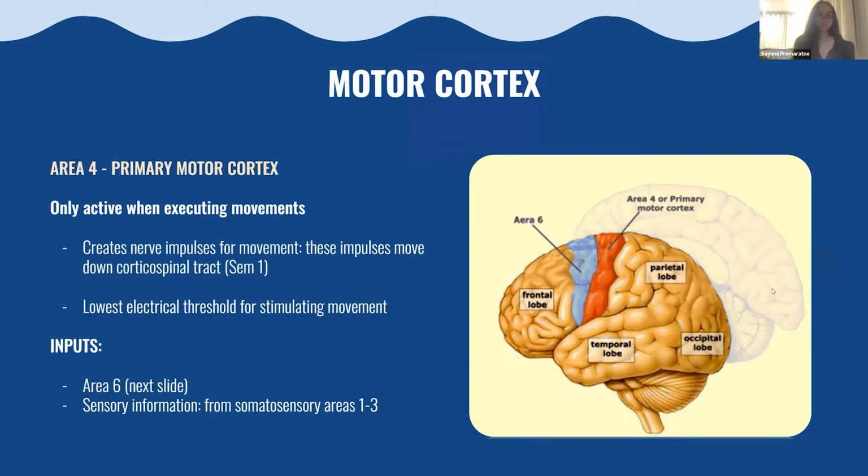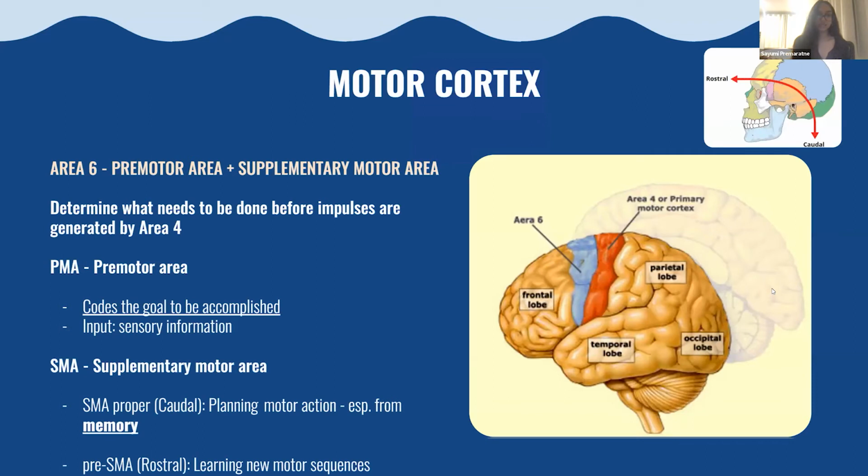So area 6, this is made up of your premotor area or your PMA, as well as your supplementary motor area or your SMA. So this part feeds information to the area 4 that we talked about before, and it's responsible for determining what needs to be done before area 4 can actually generate those impulses.